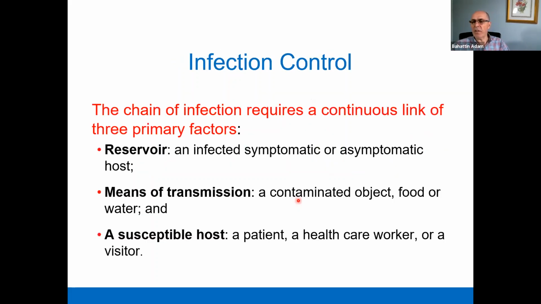Infection control is another concern in terms of blood collection, and the chain of infection requires a continuous link of three primary factors. These are reservoir, means of transmission, and susceptible host.